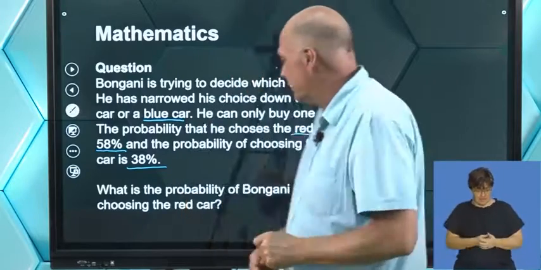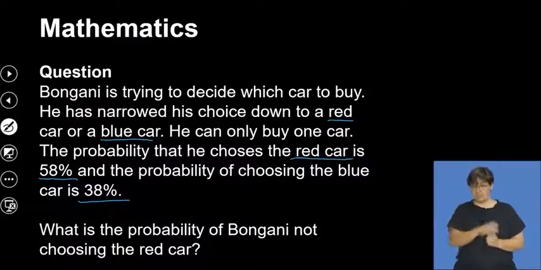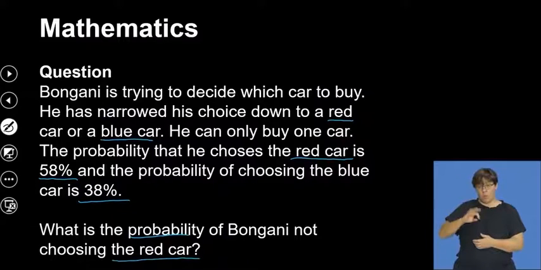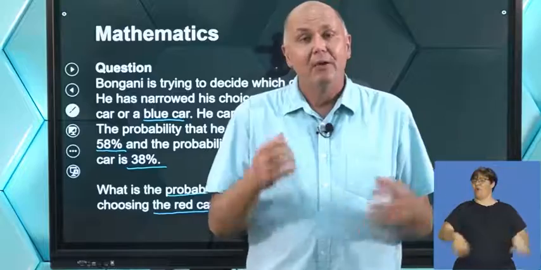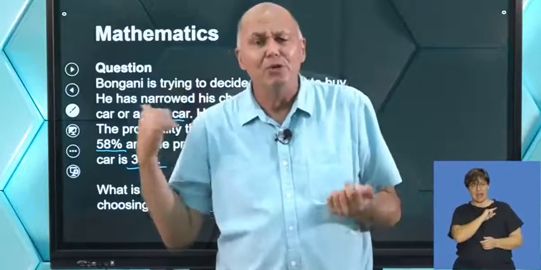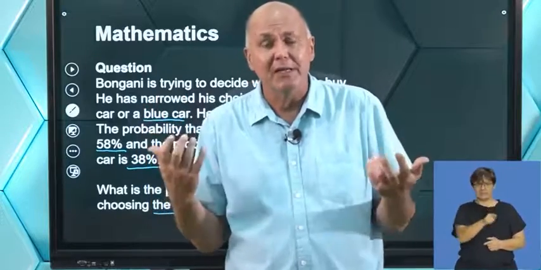So, what's the first question? And the first question is, what is the probability of Bongani choosing the red car? Of not choosing the red car? Oh, I thought we were given a gift there, because we were already told what it was for choosing the red car.